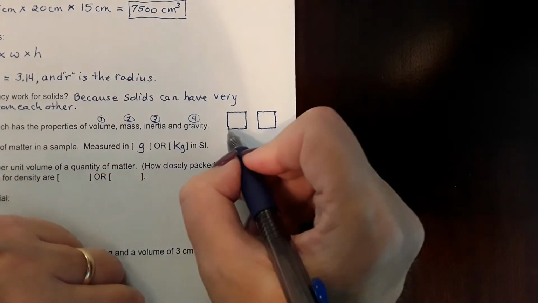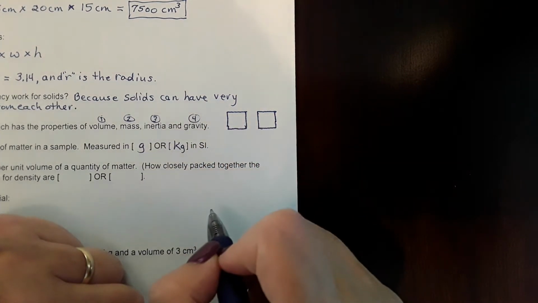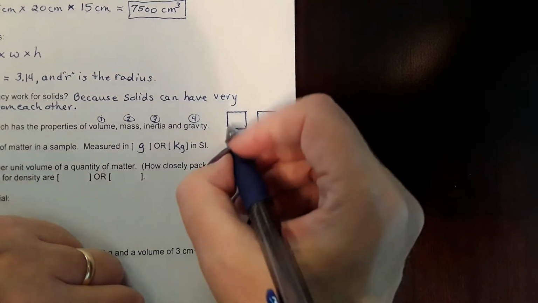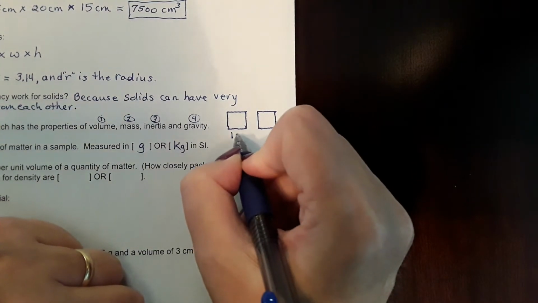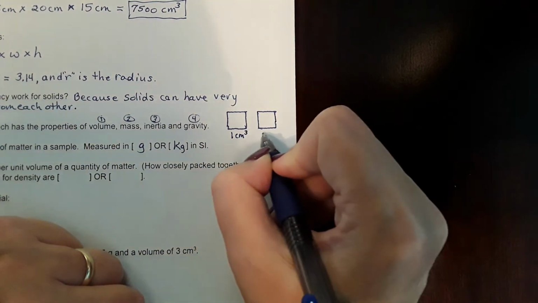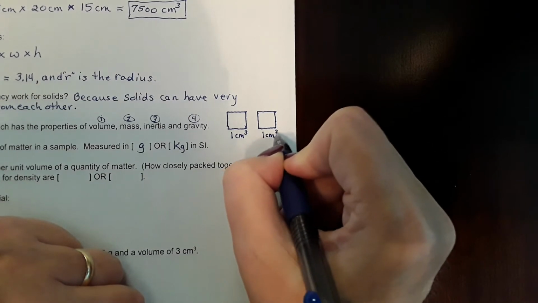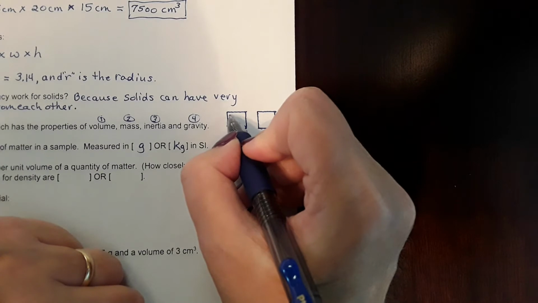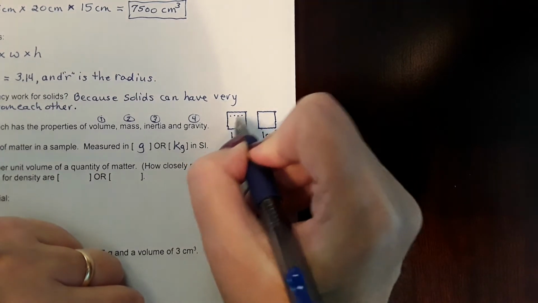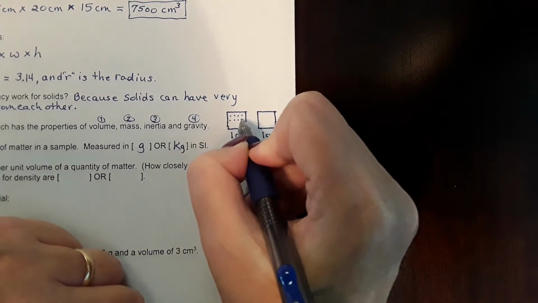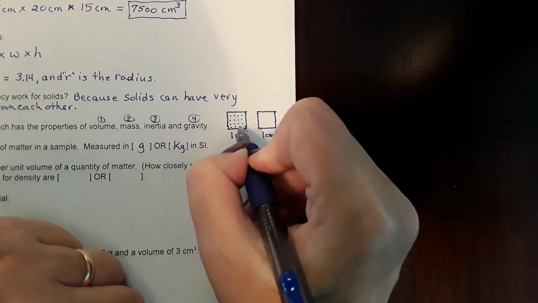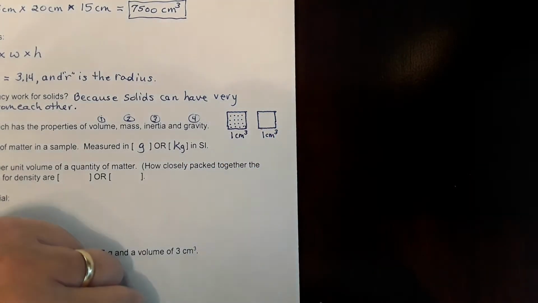Let's give them a volume. Let's say this is 1 cubic centimeter, and this is 1 cubic centimeter. Now let's look at the amount of matter inside. Let's suppose that in this one, this is the amount of matter inside. These dots represent molecules and atoms.